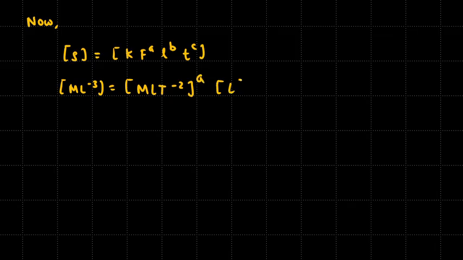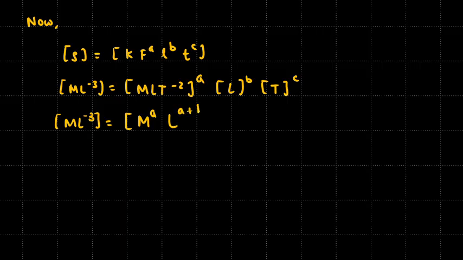The dimension of L is L. The dimension of T is T. So now ML^-3 must equal M^a, L^(a+b), T^(-2a+c). This follows the laws of indices. On comparing the left and right hand sides, since there is no T, it means T is raised to the power of 0.